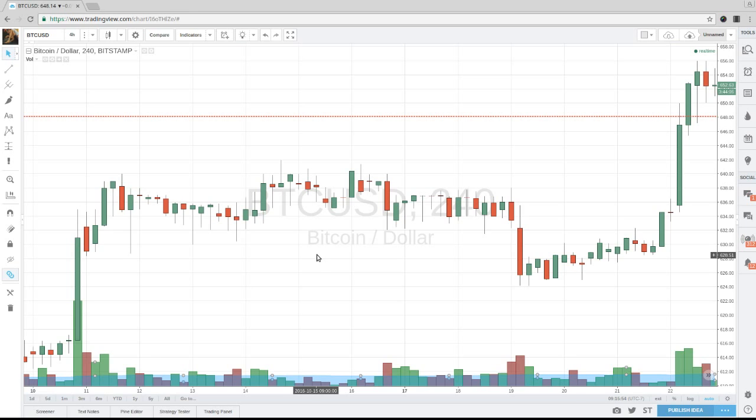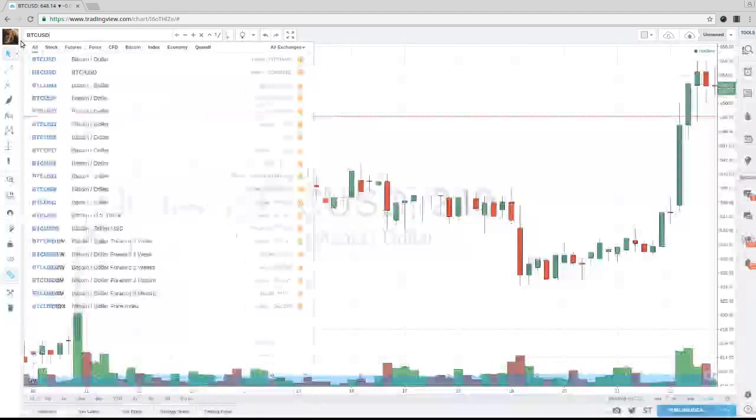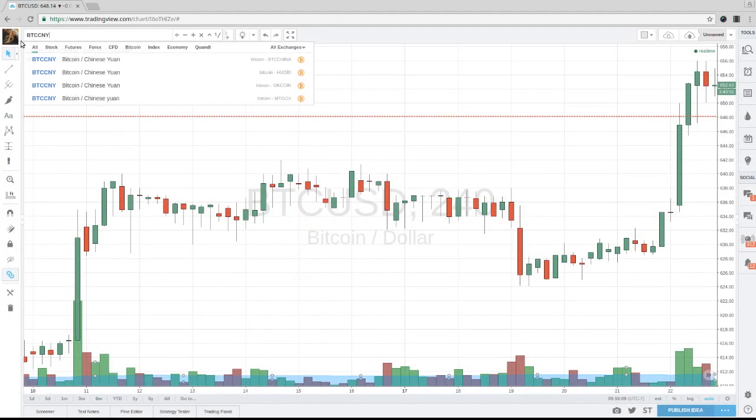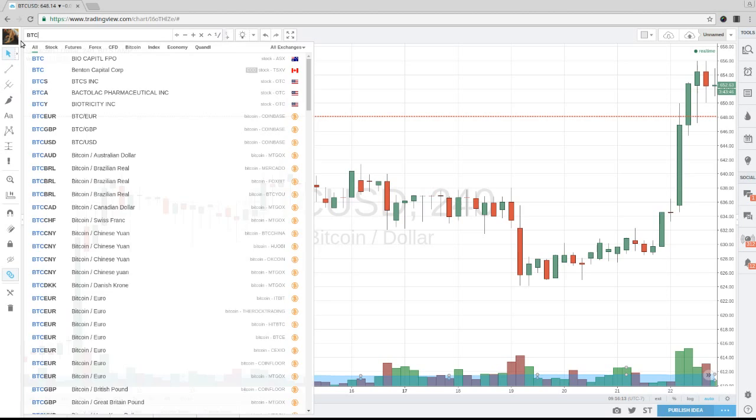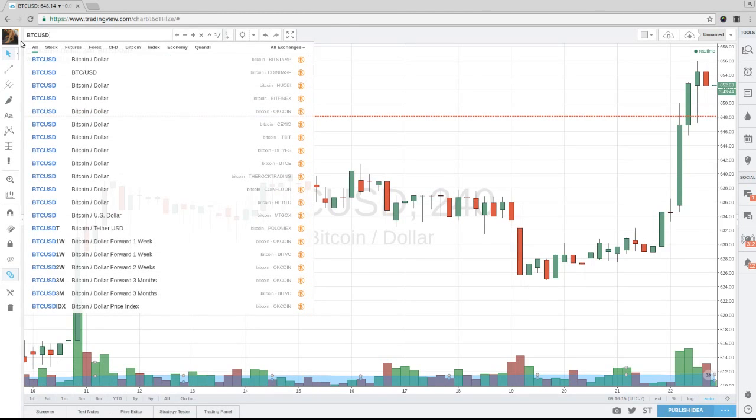So, like I said, here are your main indicators. Since I'm looking at BTC USD, this is where you type in your symbol. So for Bitcoin, BTC USD or BTC CNY, and you're going to see similar charts for all of them. But we could select Bitstamp or Bitfinex or whatever we like to chart.